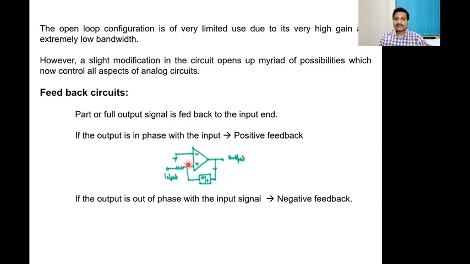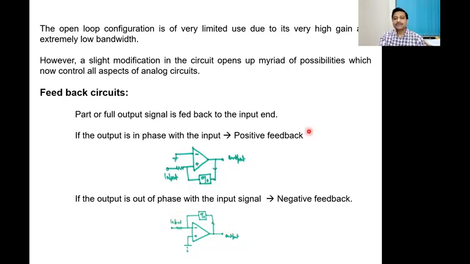The other possibility is negative feedback, where the output is out of phase with the input signal. Right? So schematically, again, we can see it like this. So if I give the input at a non-inverting terminal, then the output is going to be out of phase with this input signal. And if the same is fed back again at this one, then the resultant signal here at the inverting pin number 2 would be the algebraic sum of this input and this output, where the output has a phase mismatch with the input.